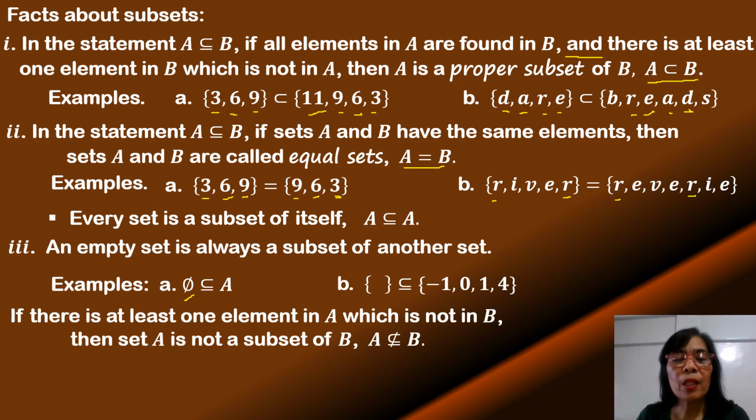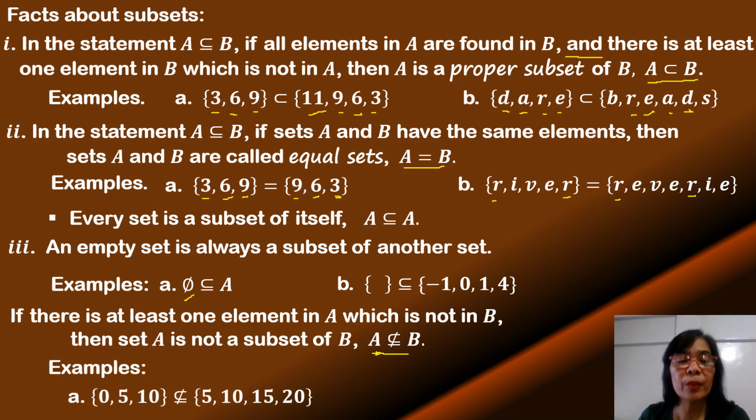Now, if there is at least one element in A which is not in B, then set A is not a subset of B. We use this symbol to denote not a subset, meaning there is at least one element in A which is not found in B. Okay, example, we have here a set containing the elements 0, 5, and 10 is not a subset of the set containing the elements 5, 10, 15, and 20 because this element is not found in the second set.